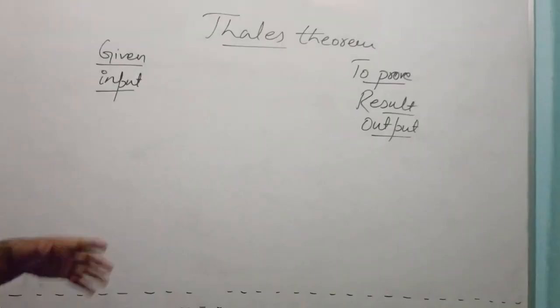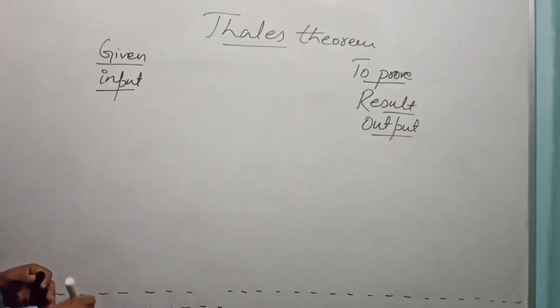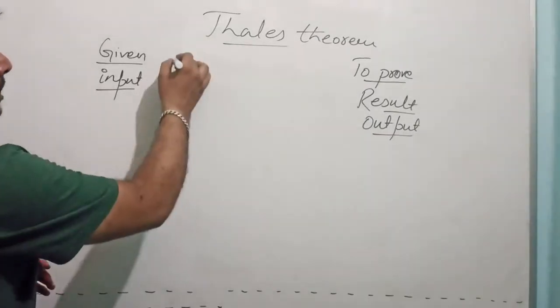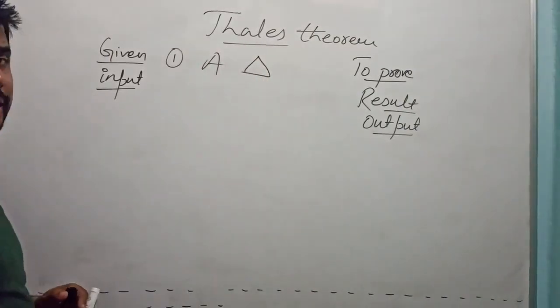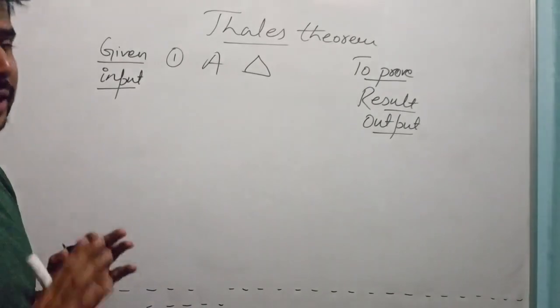Now let's try to understand what is given in the Thales theorem. In the Thales theorem we basically have two givens, right? The first one is a triangle, a very important one. We need a triangle.